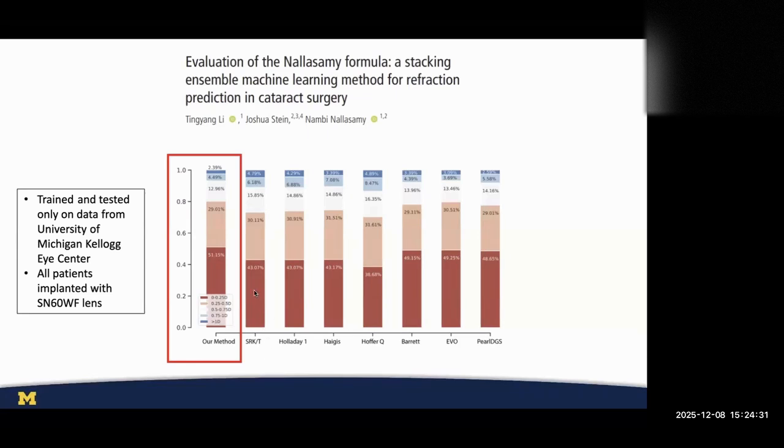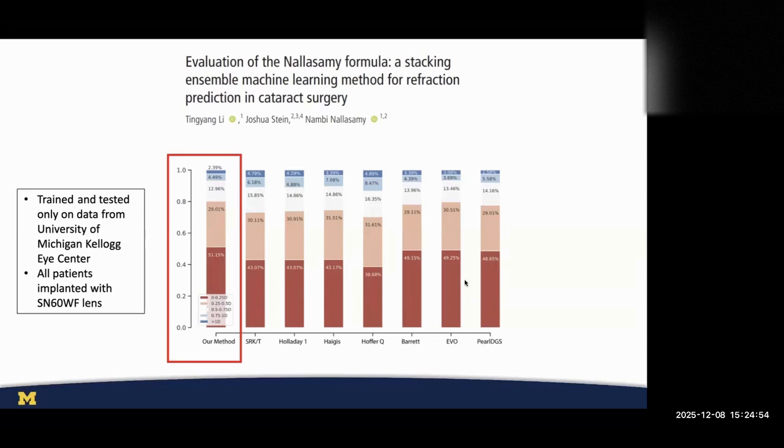Once you do the surgery, you test the patient's actual eyesight and calculate the error. So we have the true postoperative refraction of our patients, and we can look at what the predictions were for all of these models, and then assess the error.